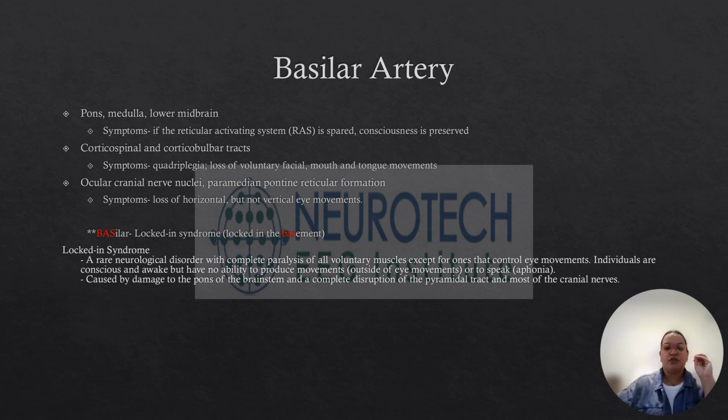Basilar artery also supplies blood to the corticospinal and corticobulbar tracts. So if it's affected, the symptoms are going to be quadriplegia, loss of voluntary facial, mouth, and tongue movements because of all of the cranial nerves that are involved there.